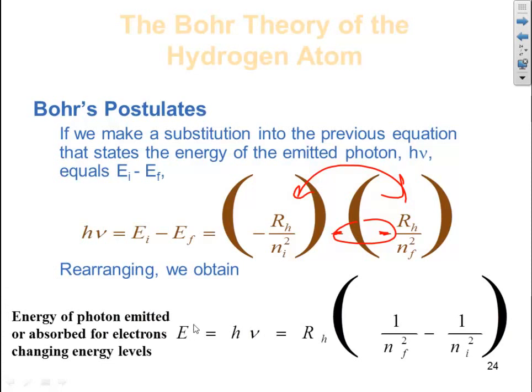The energy of that photon is equal to RH times 1 over Nf squared minus 1 over Ni squared, where I is your initial and F is your final. This tells me the energy of a photon either emitted or absorbed for electrons changing from one energy level to another.